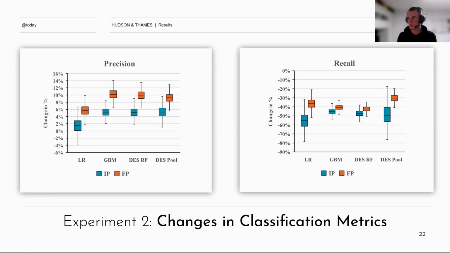And we have a very similar behavior to experiment 1, where again, we trade off some recall for a gain in precision, accuracy, and F-score. And similar to the first experiment, we see that our ensembles, so the last 3 models, consistently outperform the logistic regression.